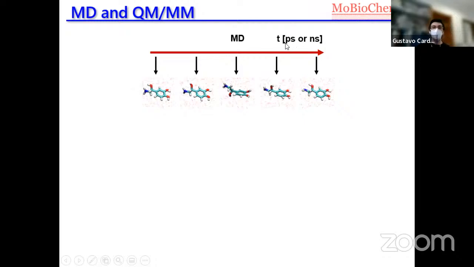Notice that this time I have reported either picoseconds or nanoseconds. Now, I'm going to thoroughly emphasize these two time scales. The reason is that these molecular dynamics can either be performed with a classical force field, like you did with Vito's tutorials, in which case we can get to the nanosecond timescale. Of course, we didn't last week because we would need more time.